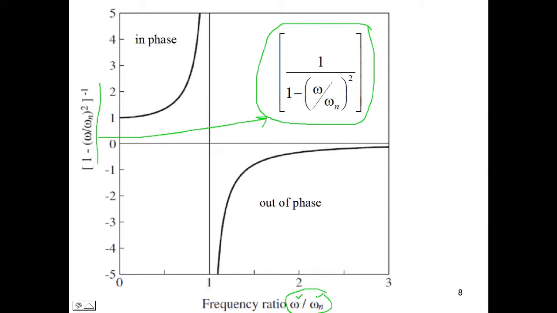When omega over omega n is less than 1, or omega is less than omega n, this factor is positive, indicating that the displacement u of t and the applied force p of t have the same algebraic sign. In other words, when the force acts to the right, the system would also be displaced to the right. The displacement is said to be in phase with the applied force.